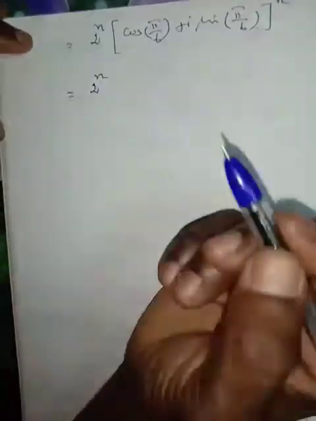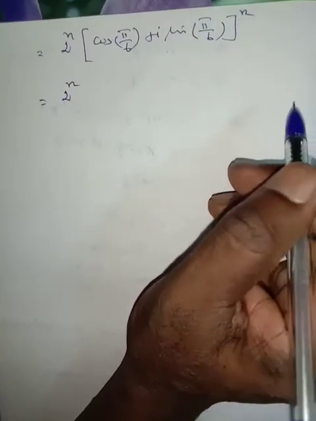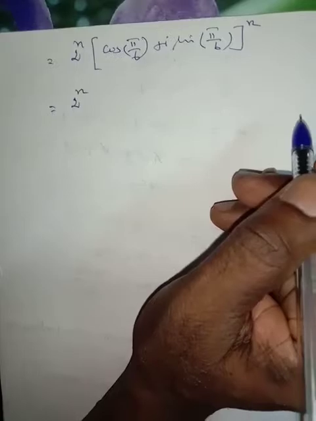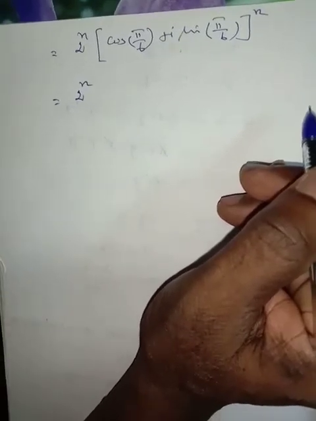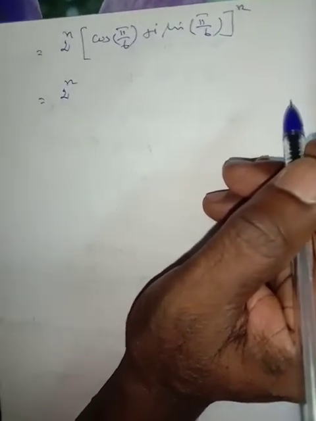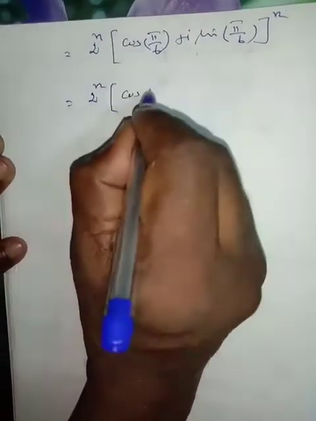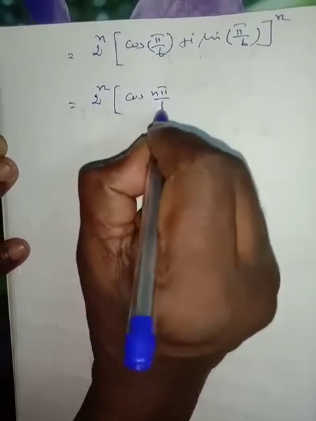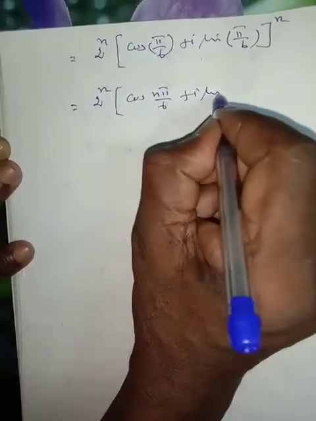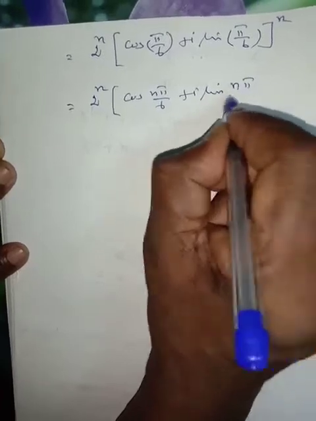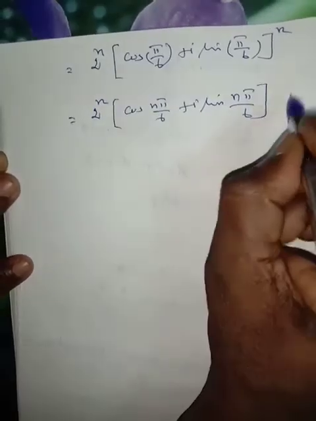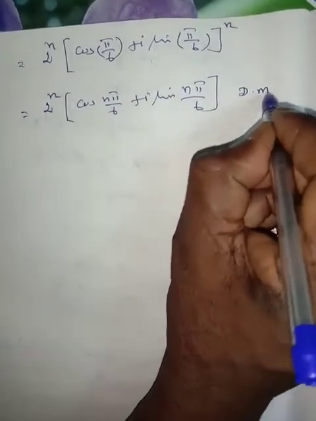Now we know de Moivre's theorem: for any rational number n, cos n theta plus i sin n theta is the value or one of the values of (cos theta plus i sin theta) whole to the power of n. Apply by DMT. We get cos n pi by 6 plus i sin n pi by 6 using De Moivre's theorem.